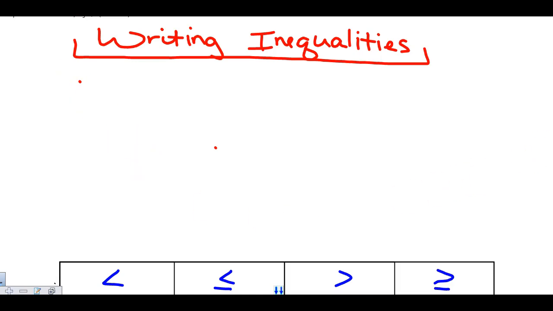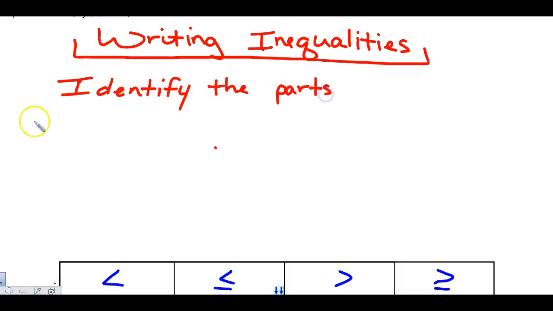So when we're given that verbal sentence, we'll have to identify the parts of the inequality in order to put it all together into the inequality statement. So the different parts are, well, first we have to have that unknown, that variable.